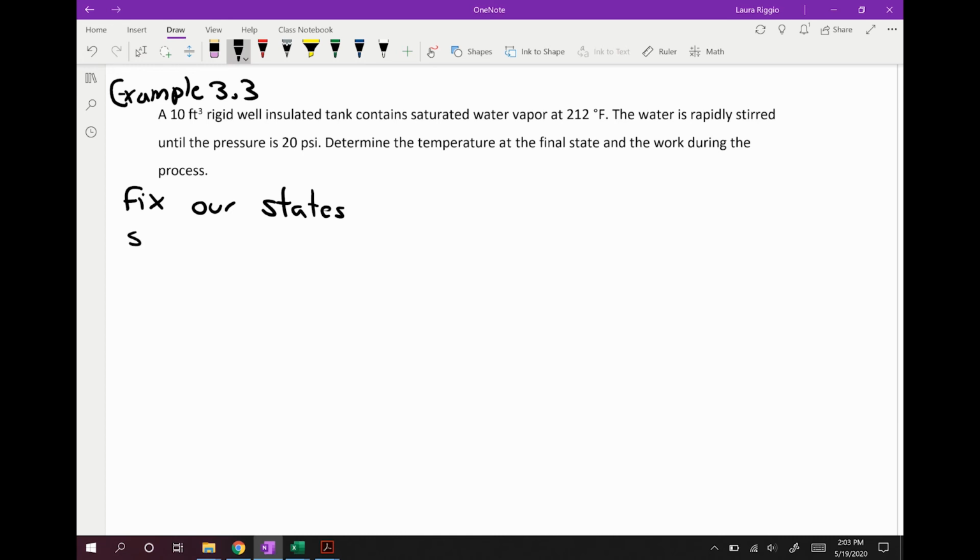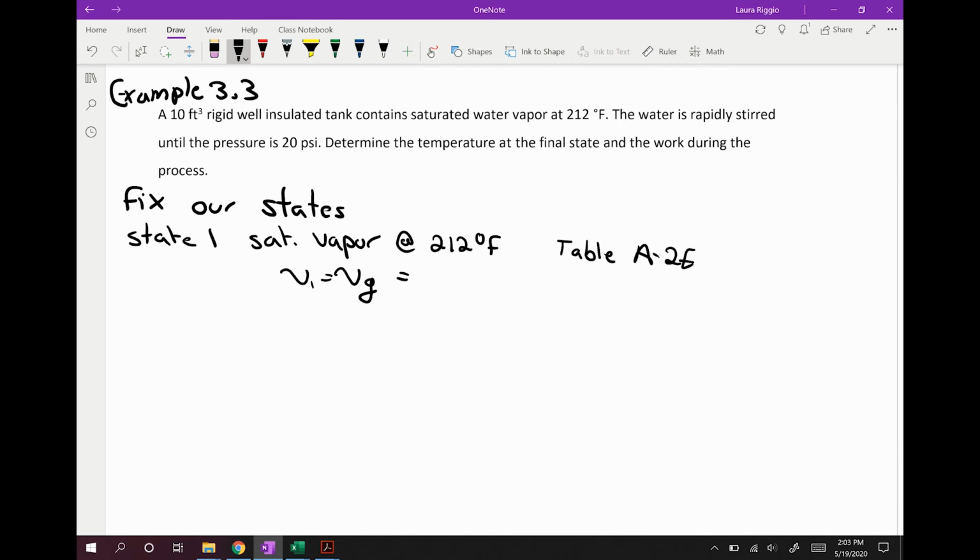So what do we have for state 1? Well, for state 1, we know that we have saturated vapor at 212 degrees Fahrenheit. Saturated vapor means that our specific volume is equal to our saturated vapor specific volume, which means we would go to table A2E and look up our temperature.